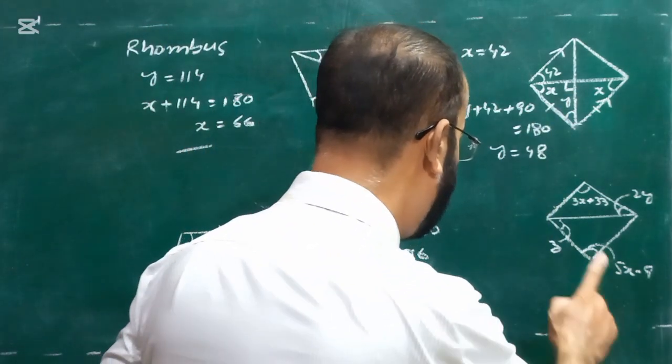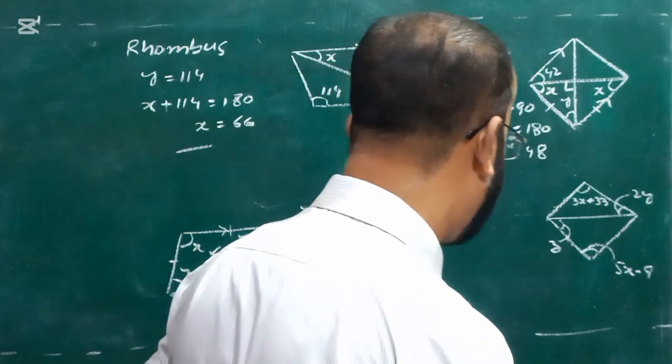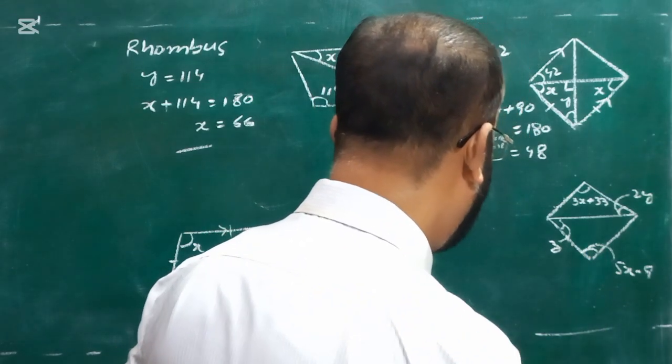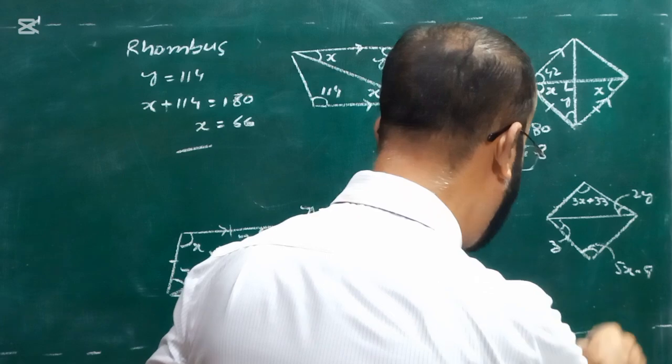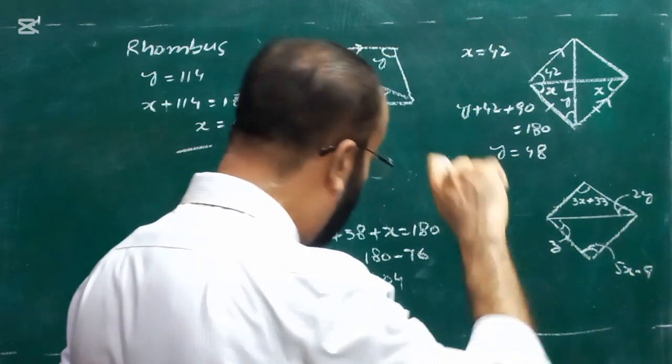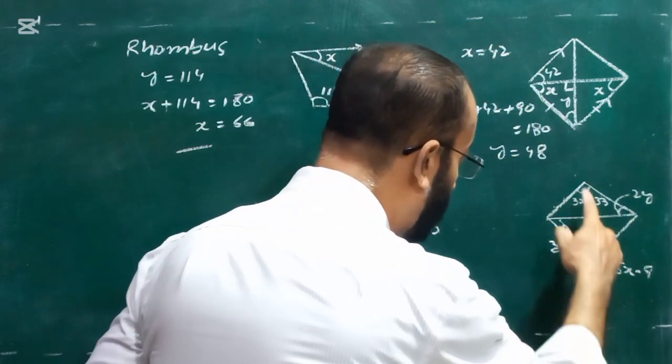Now come to this question. So this is 3x plus 33. Okay, so in a rhombus, opposite angles are equal.